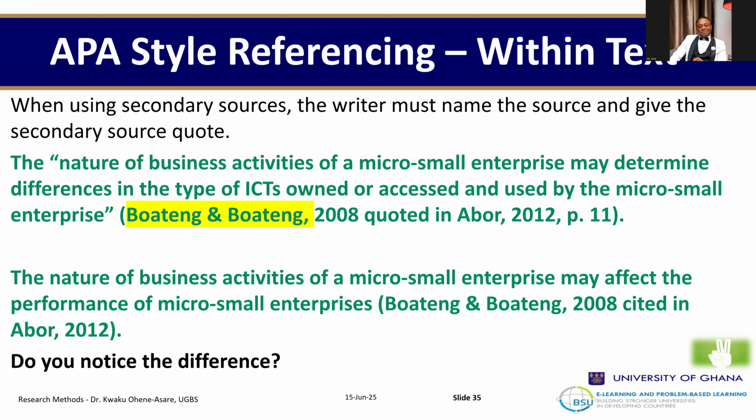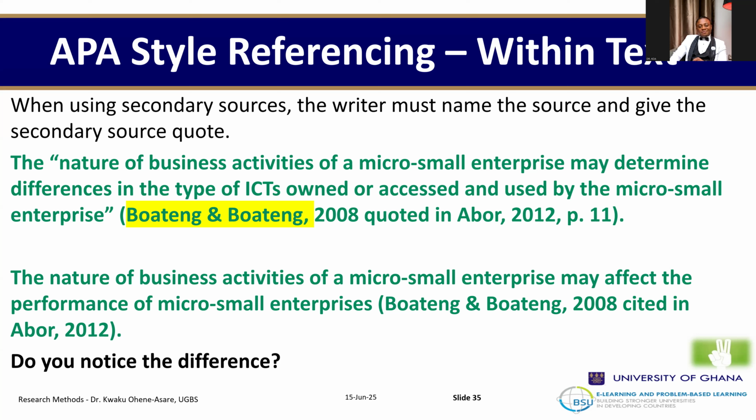The statement you are seeing here is from Boateng and Boateng. But you couldn't get it from Boateng and Boateng. You rather got it from Abor. Abor is the document where you spotted the work. But Abor wasn't the one who originally made the statement. The statement was made by Boateng and Boateng, and then you got it from Abor.